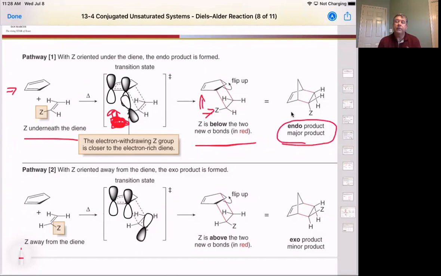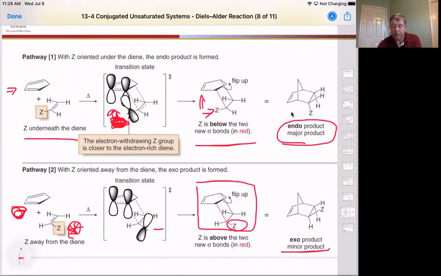So what would it look like if it was the other way around? If our partially electropositive section here was not attracted to these electrons on the diene, then they would be on the outside here. And so when we formed our new transition state, our electron withdrawing group would be away from it, giving us our exo product.